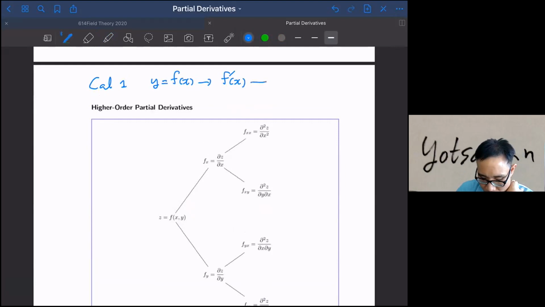So we are able to differentiate it again with respect to x, and it's going to be f double prime, the second derivative.